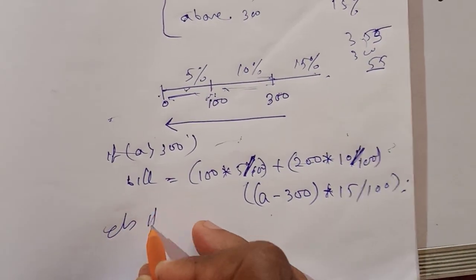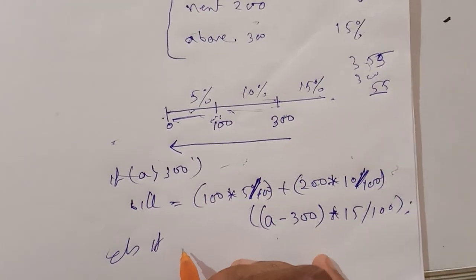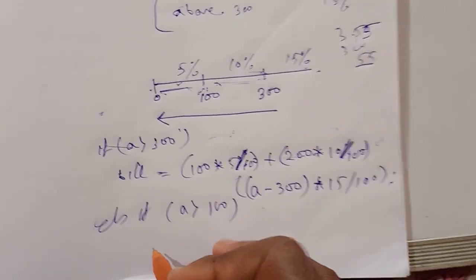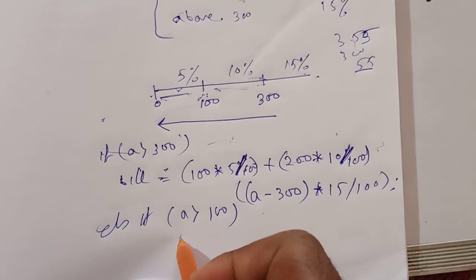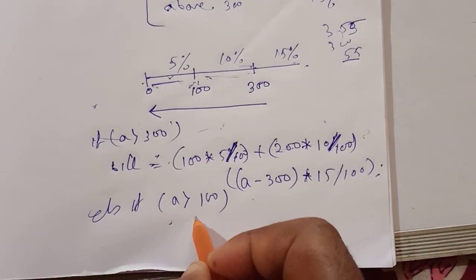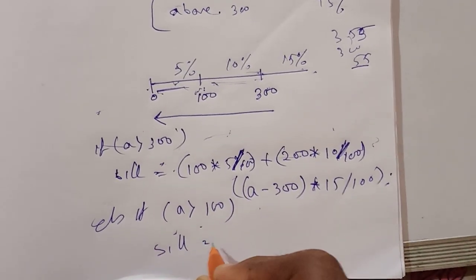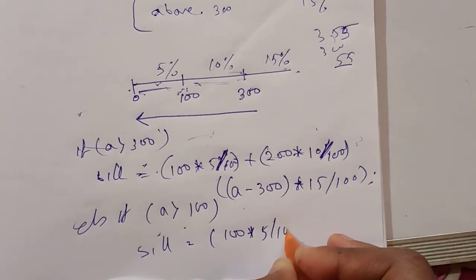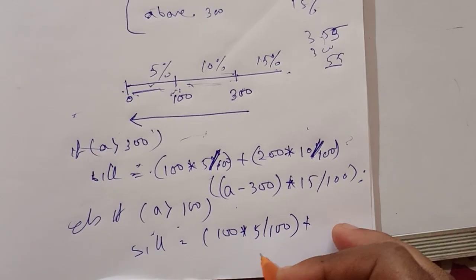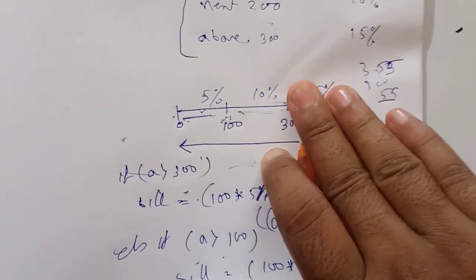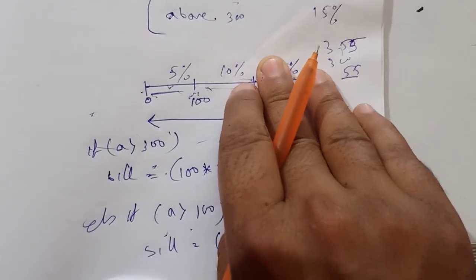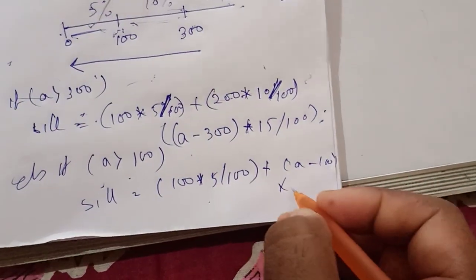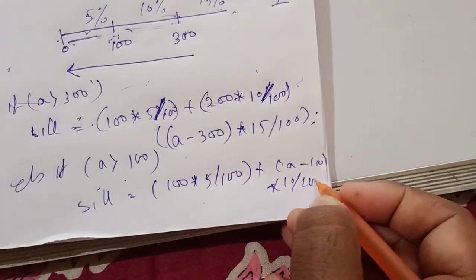Similarly, else if a greater than 100. If this one is true, it never enters this portion; if this is false, then this portion will come. So bill is equal to 100 into 5 by 100 plus a minus 100 into 10 by 100.